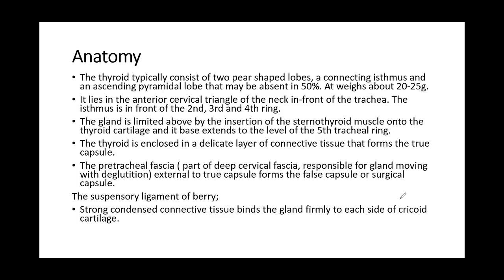Now, this thyroid gland is attached to the trachea by the suspensory ligament of Berry. Okay, a strong condensed connective tissue binds the gland firmly to each side of the cricoid cartilage. Now, sometimes during thyroidectomy, this ligament of Berry might acquire some blood vessels, and after excision of the gland, you will see them oozing, for which you have to secure hemostasis.